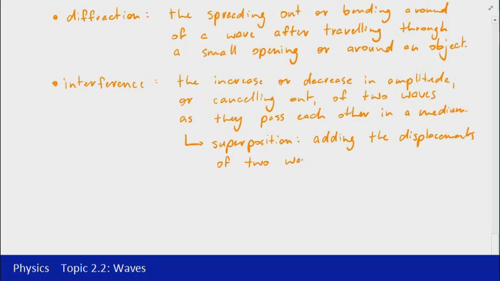We'll look at this in a little more detail in the video after next, where this idea of interference, or superposition, is going to help us understand a few other phenomena. Again, superposition is when we're looking at waves travelling past each other.